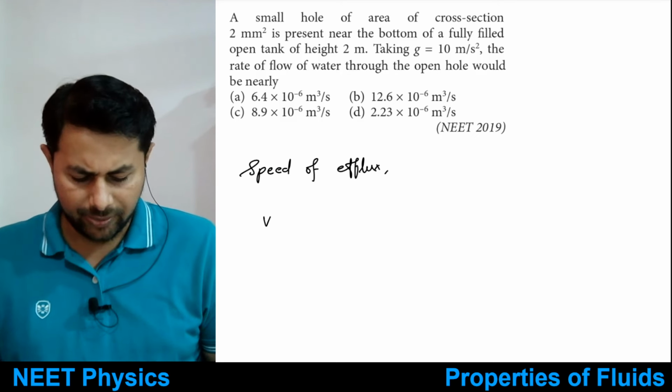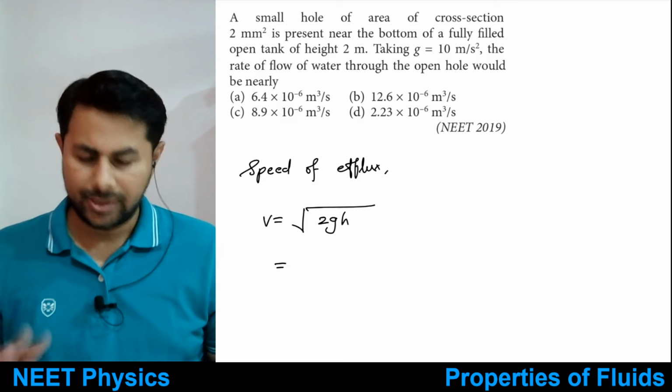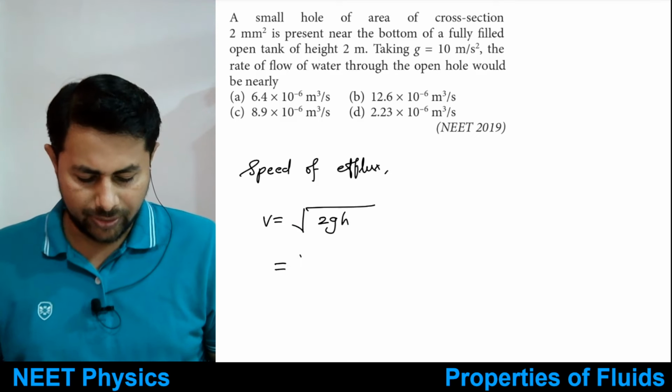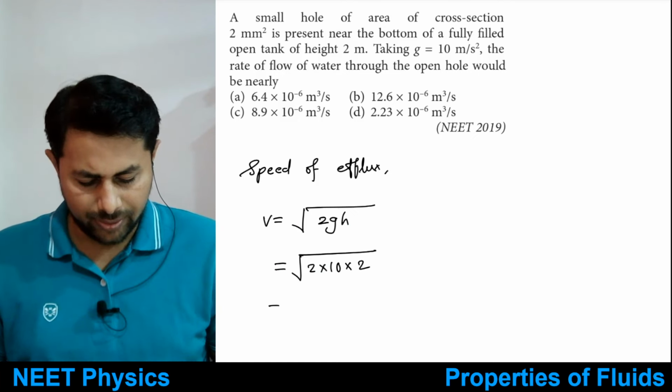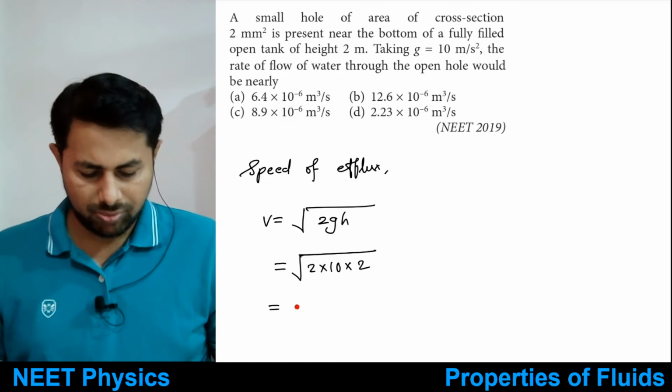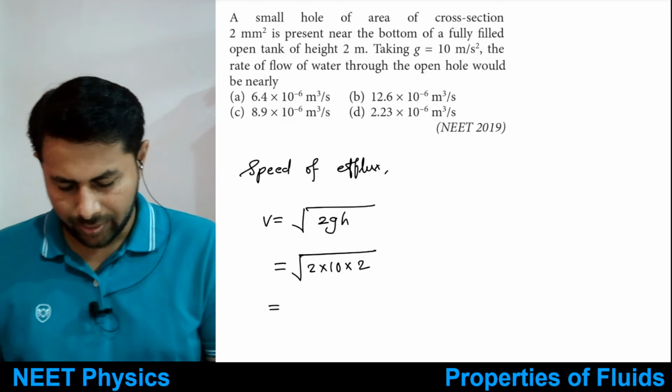Speed of efflux is just square root of 2gh. Okay, just find it out. So it is equal to square root of 2 times 10 times h, which is also 2. So it is 2 root 10, right? 2 root 10.